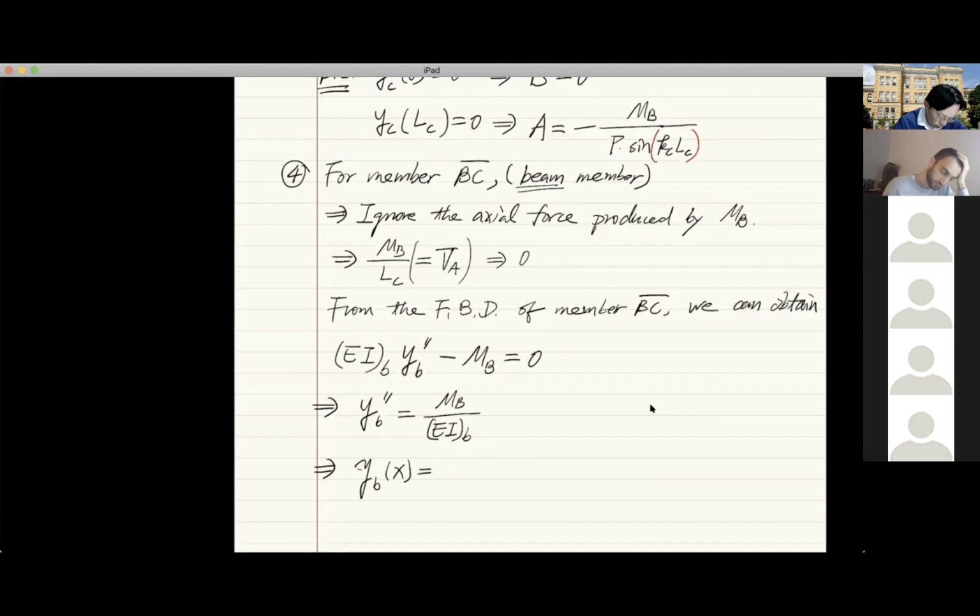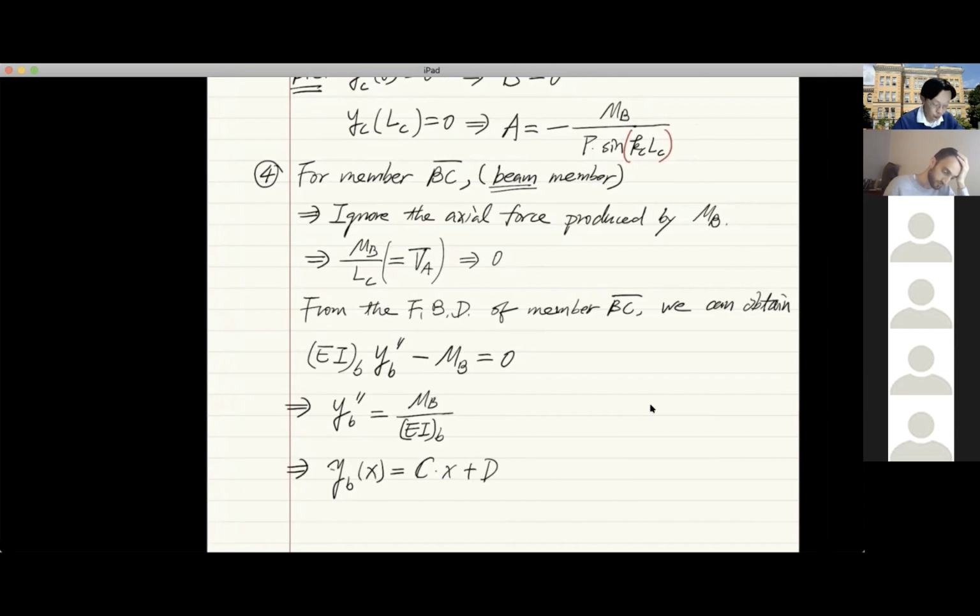The first order is associated with X, and this X is along the beam direction. So we call the first one as capital C times X plus capital D, that's the zeroth order, plus the constant term.